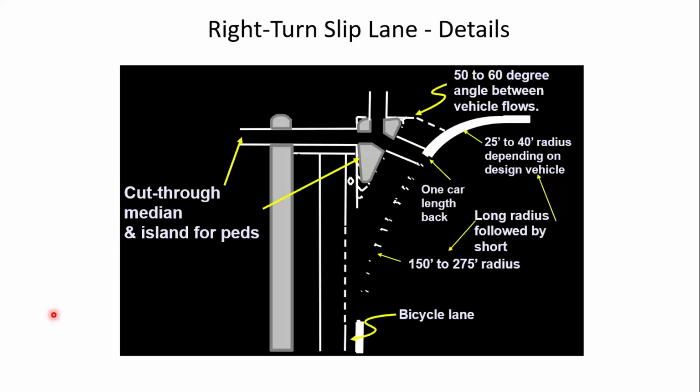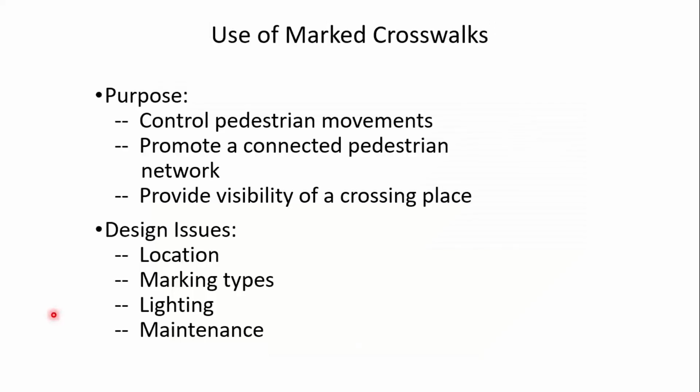Here's an example of one of the right turn slip lane designs that has been found to be more pedestrian friendly, reduce driver speeds, vehicular speeds, and also put the crossing location at a more expected location for motorists.